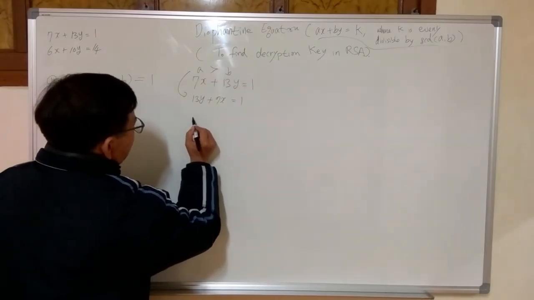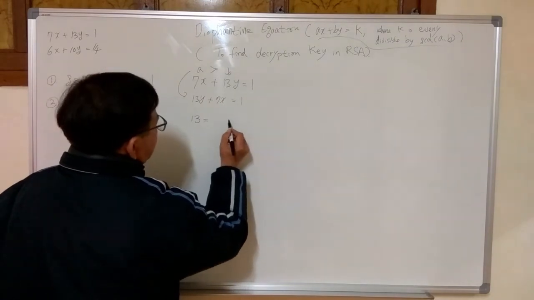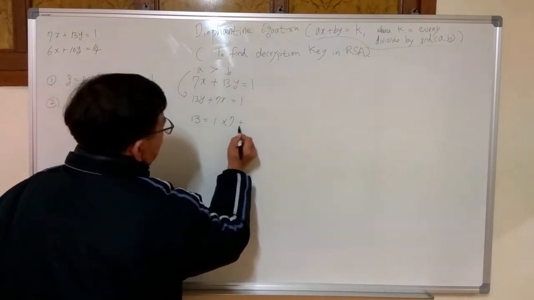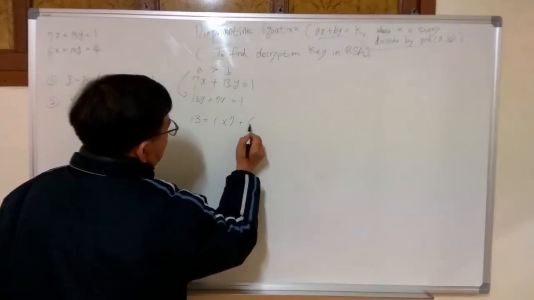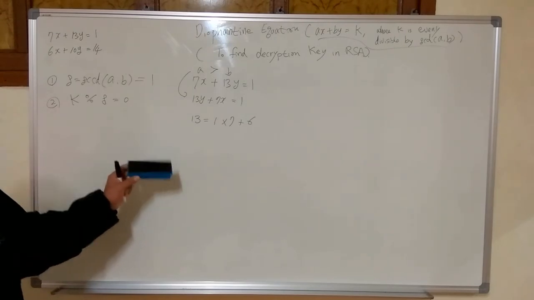For example, 13 equals 7 times 1 plus 6, like this. This is basically the Euclidean algorithm.